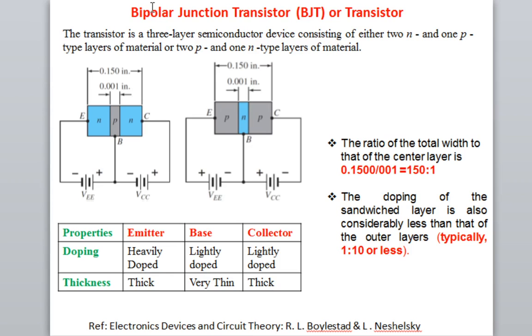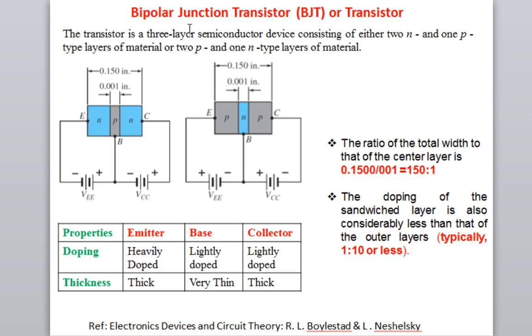Whatever current is flowing in a transistor is because of two types of charge carrier. One is called a majority charge carrier, another is called a minority charge carrier, and I will discuss this in detail. So this is the meaning of bipolar.